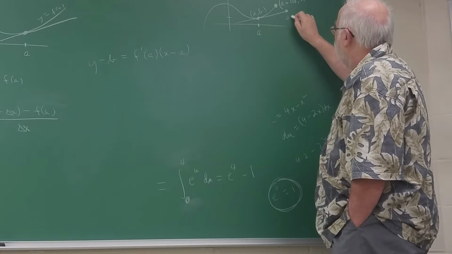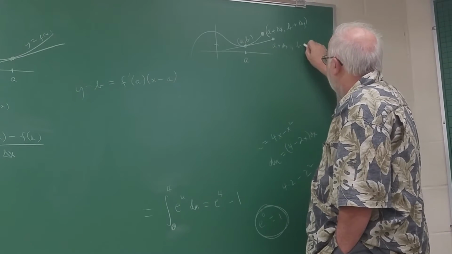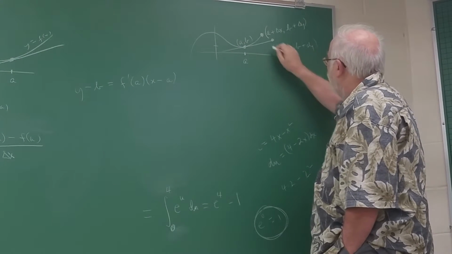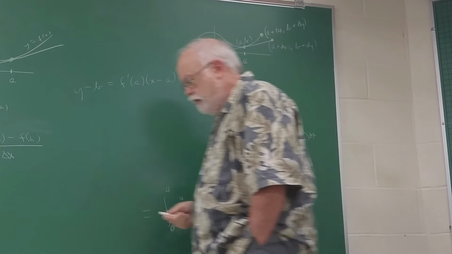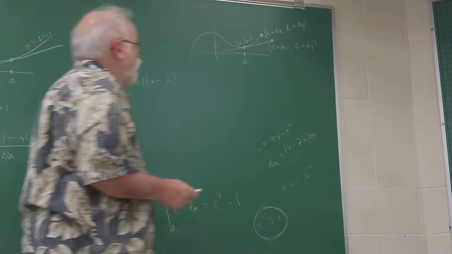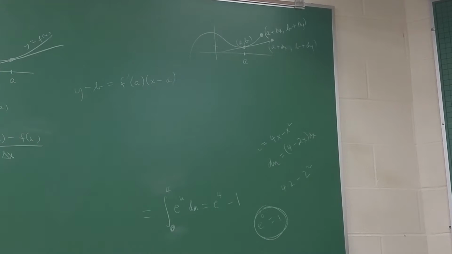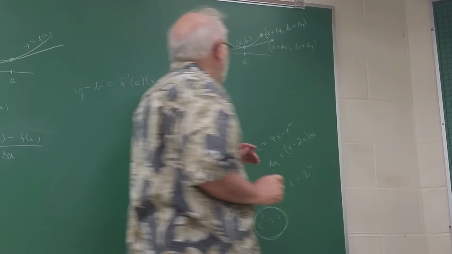So this would be a plus dx, comma b plus dy. I'm not doing anything. I'm just drawing pictures and giving notations that connect with the pictures. It's going to be kind of tougher to draw them over here because the picture's more complicated. But anyway, I'm just drawing pictures.